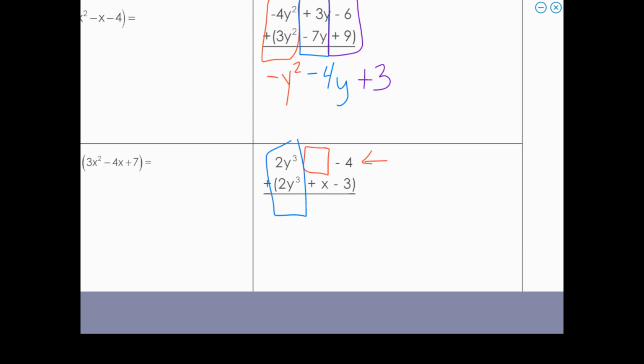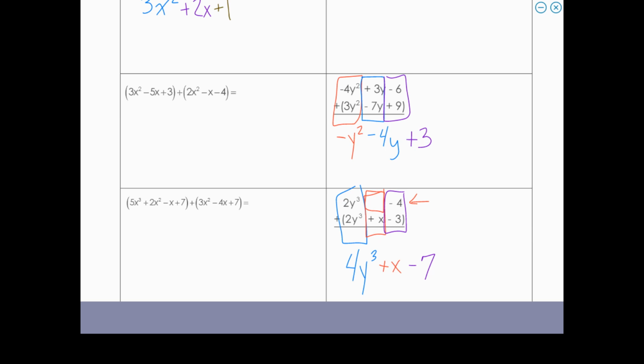So 2y cubed plus 2y cubed is what? 4y cubed. The variable and the exponents stay the same. They don't change. Then I've got nothing plus x, so that doesn't change. Then negative 4 and negative 3, negative 7.